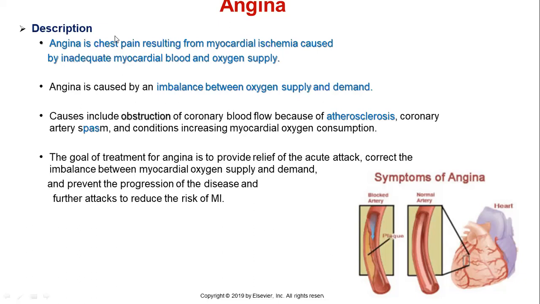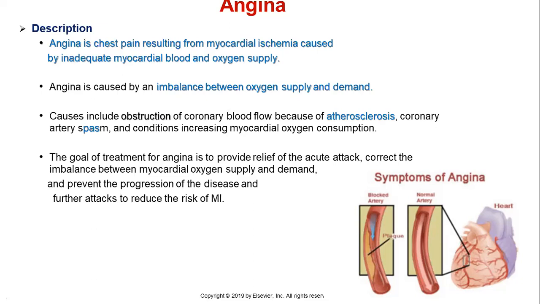Angina is a chronic pain resulting from myocardial ischemia caused by inadequate myocardial blood or oxygen supply. Angina is caused by an imbalance between oxygen supply and demand. Causes include obstruction of coronary blood flow because of atherosclerosis or coronary artery spasm.